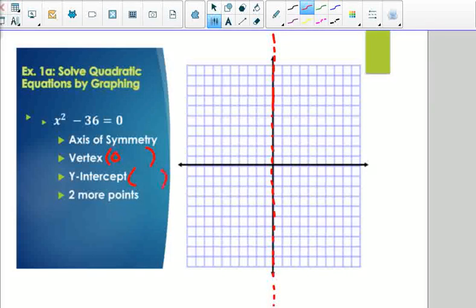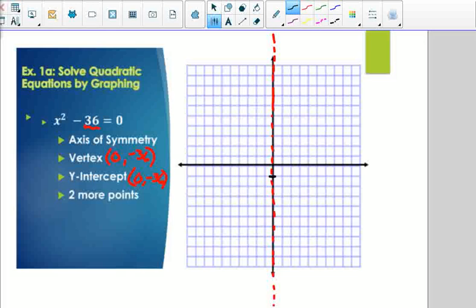So we were told that the last number in your quadratic equation is your y-intercept. So it would be 0 and negative 36. So we can take care of 2 points, or two parts of that with 1 point. So I'm going to count, let's count by 4s.